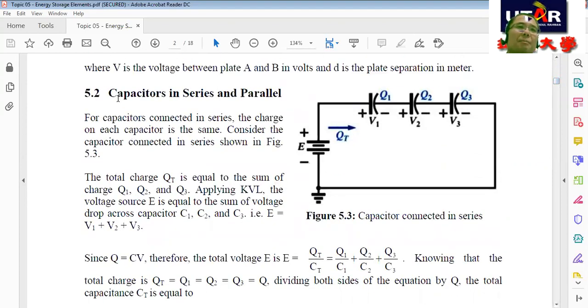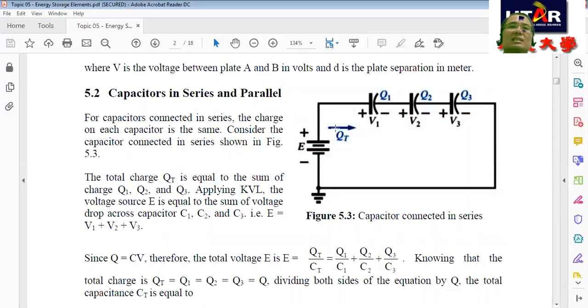We start with capacitors connected in series and parallel. Figure 5.3 shows capacitors connected in series. For the three capacitors connected in series, the total charge QT equals the sum of the charges Q1, Q2, and Q3.